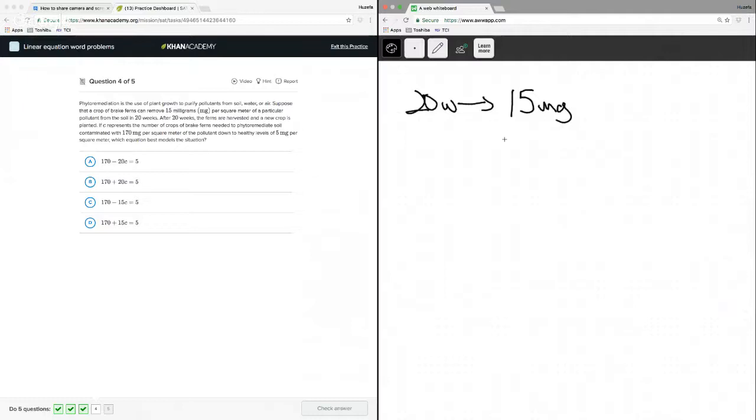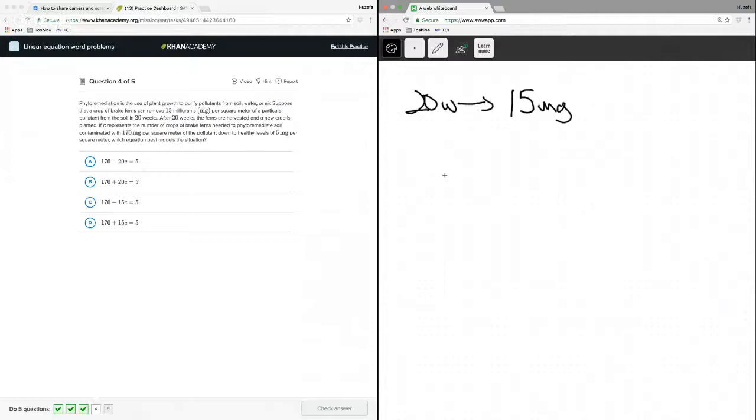After 20 weeks, the ferns are harvested and a new crop is planted. If C represents the number of crops of brake ferns needed to phytoremediate soil contaminated with 170 milligrams per square meter of the pollutant down to healthy levels of 5 milligrams per square meter, which equation best models that situation?